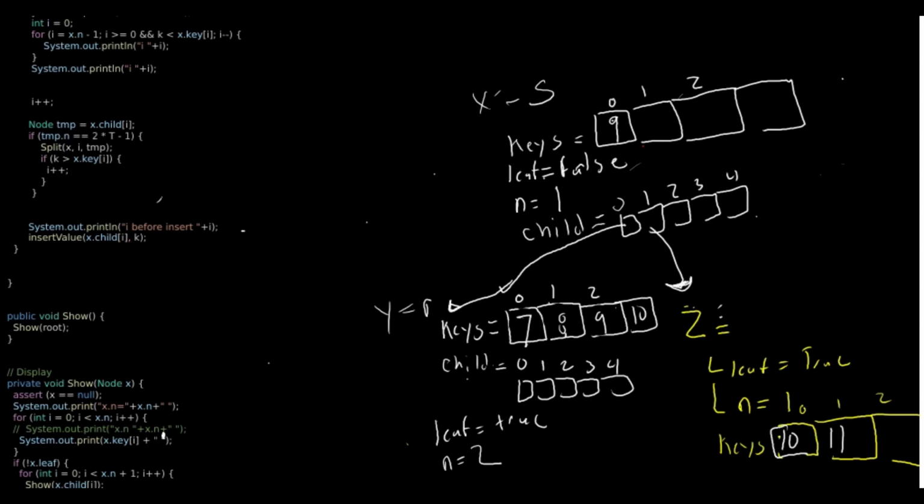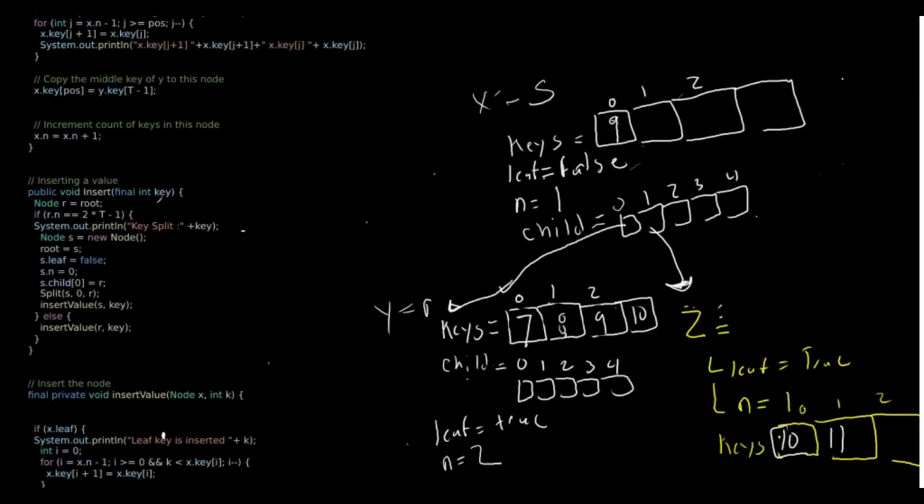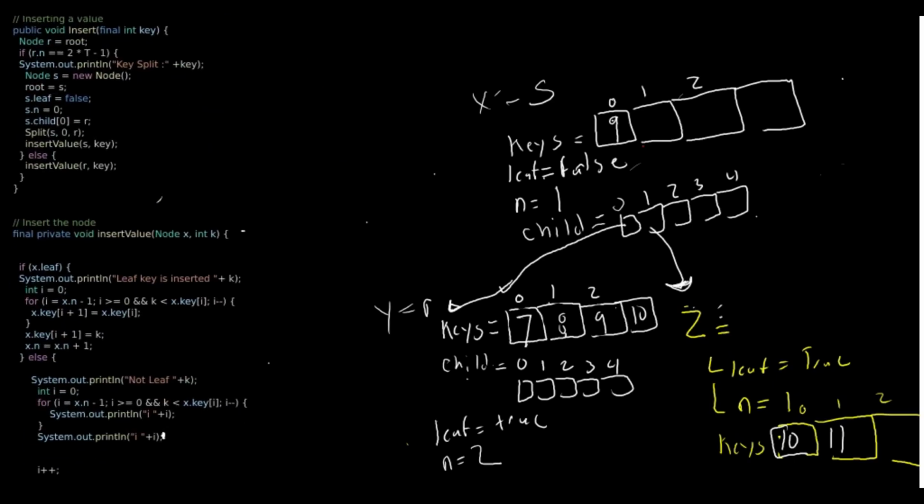We were inserting from our root node, or you could say S. And then what's happening here is we go here, and we call this recursively until we reach our root node. All right.